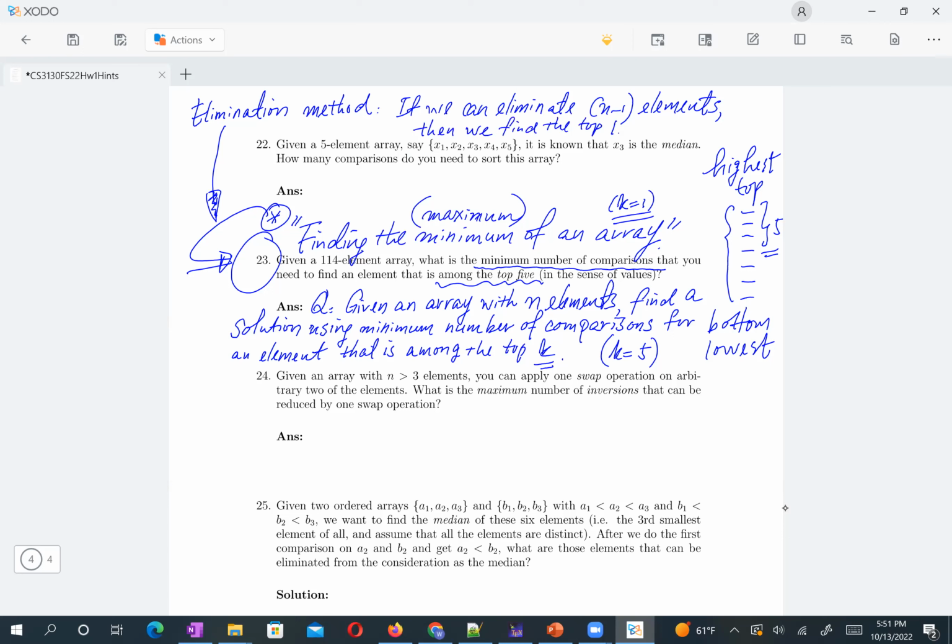Now can you use the similar idea? If we can find a way to eliminate a certain number of elements in this question with 114 elements, try to get that analogy here, then the remaining are among the top 5. Think about that.